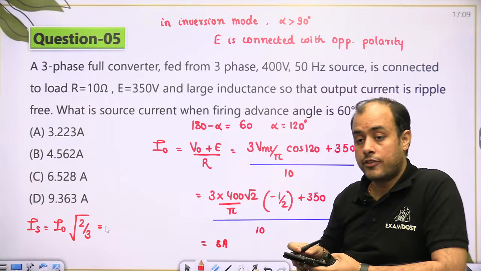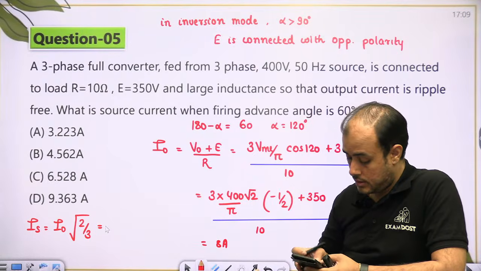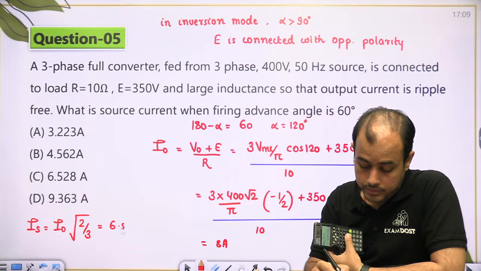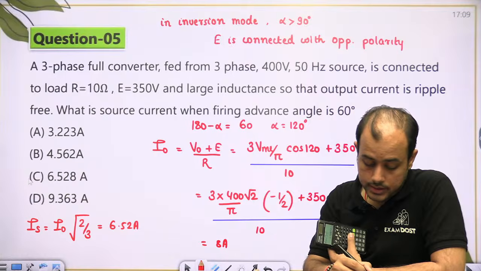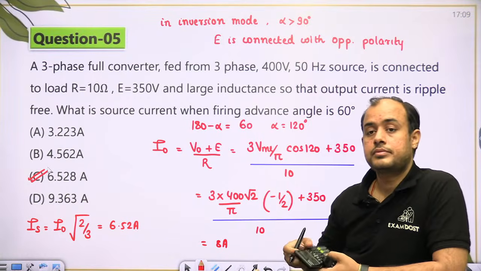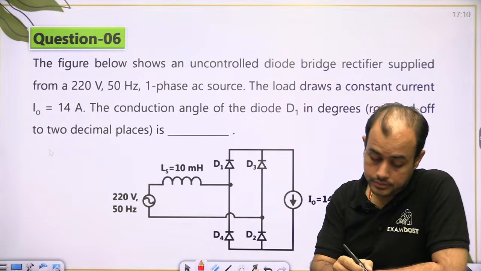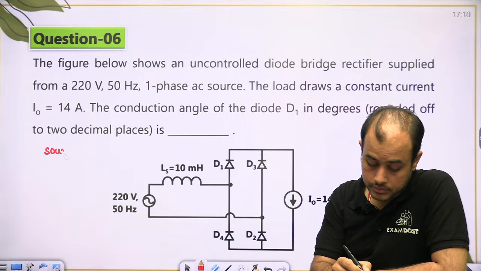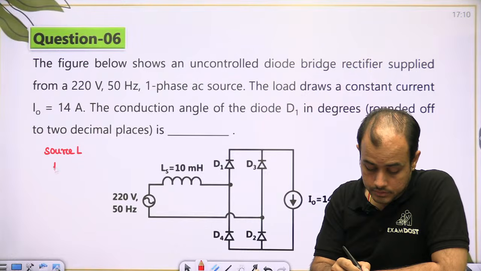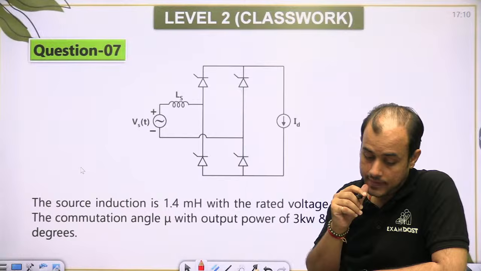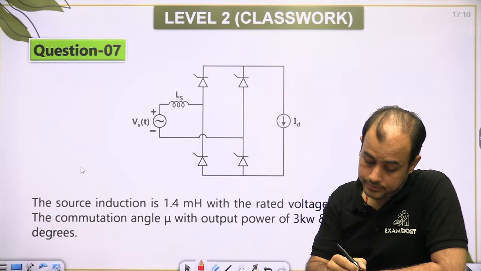This is the case of a full converter. Source current I_S RMS हुआ 6.52। Okay. ये वाले क्वेश्चन मैं कल के लेक्चर में ऐड कर दूंगा। Okay.